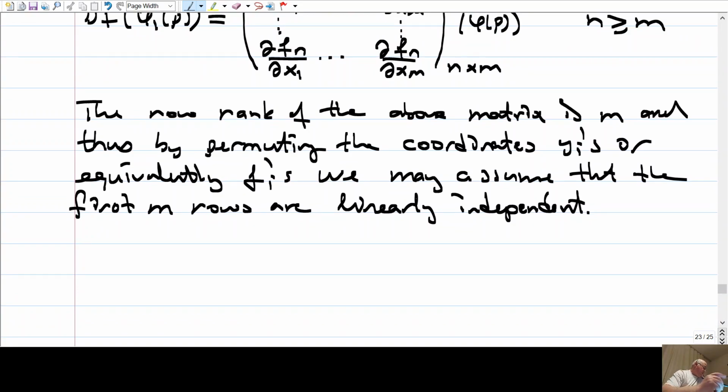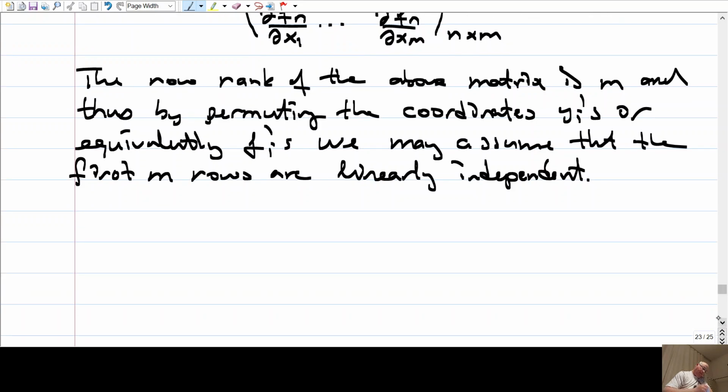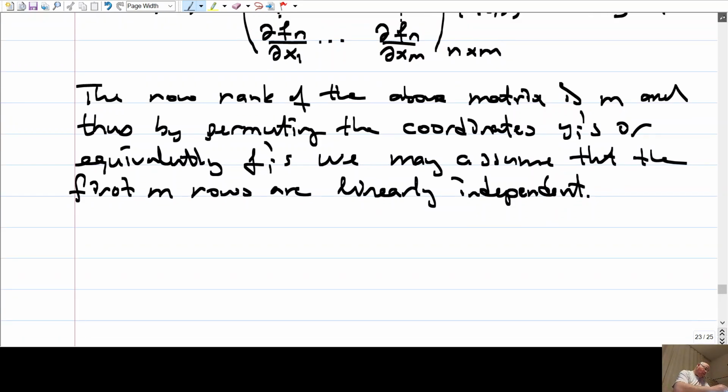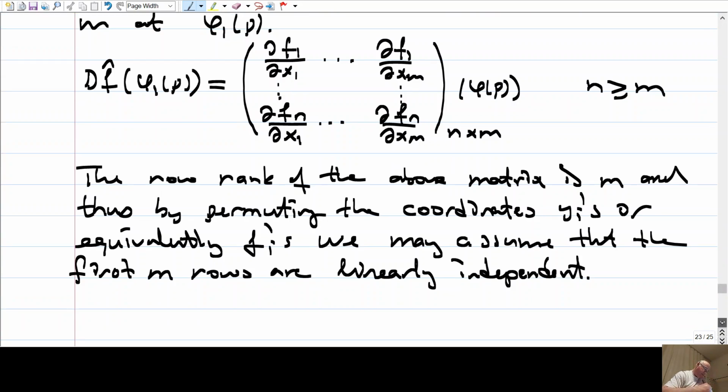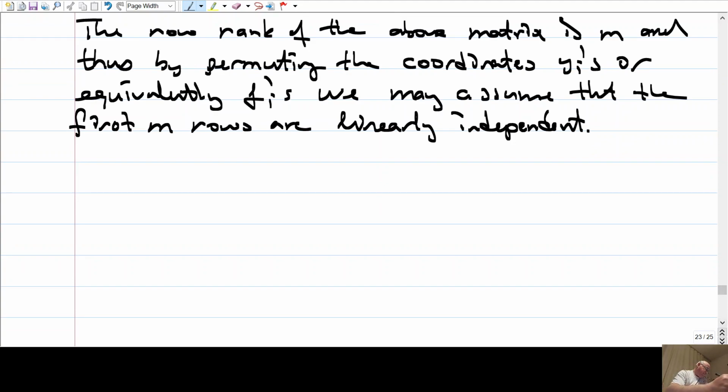So I assume from now on that I have n rows, but the first m of them are linearly independent. All right. Now we define another differentiable map.